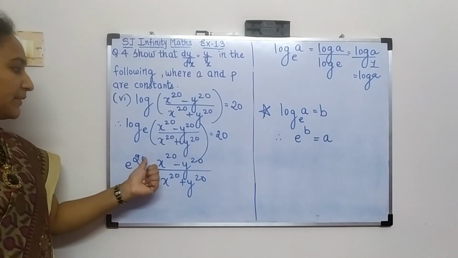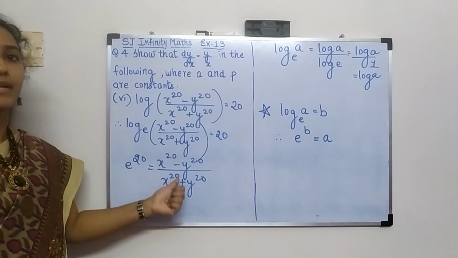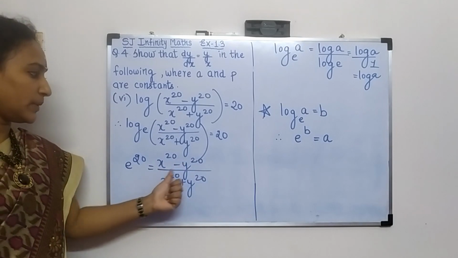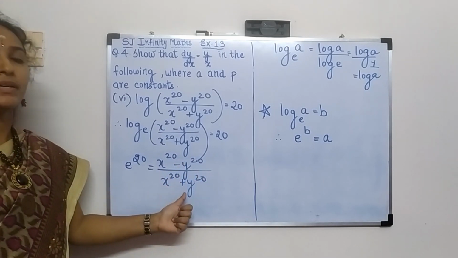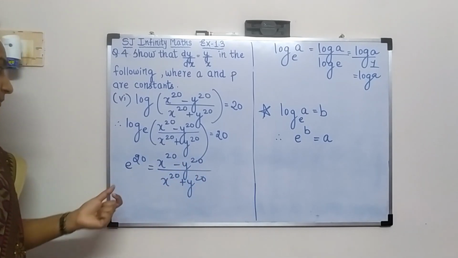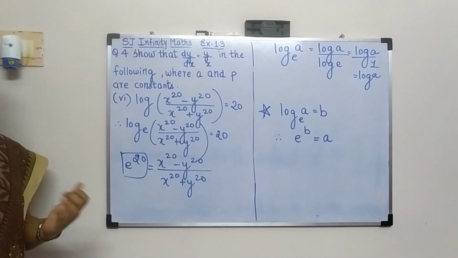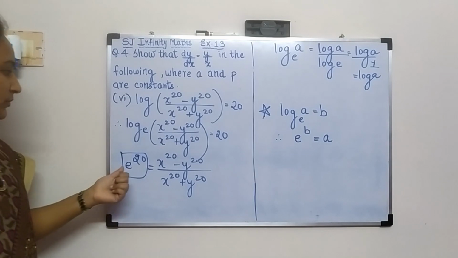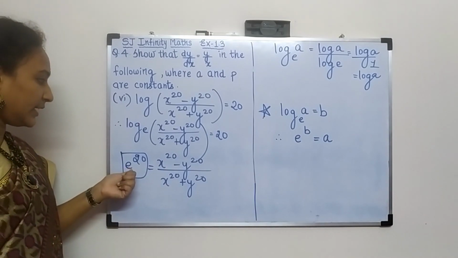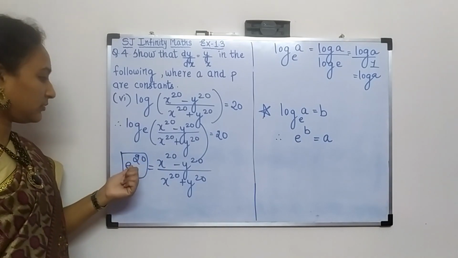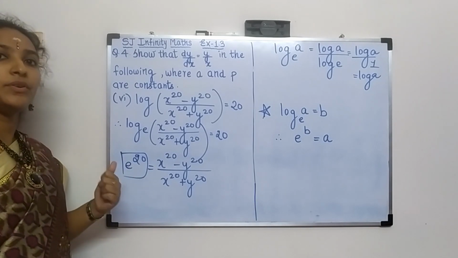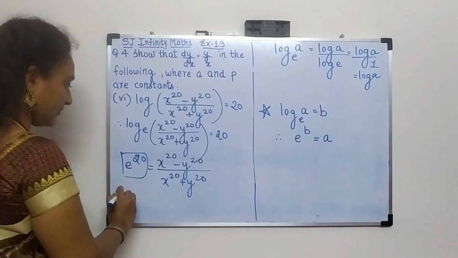So we have written e power 20 is equal to x power 20 minus y raised to 20 upon x power 20 plus y raised to 20. Now you can see that this e power 20 is a constant term. When we multiply e 20 times, it will give you a constant number again.